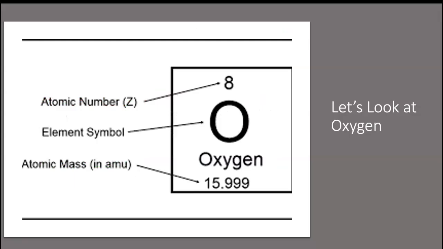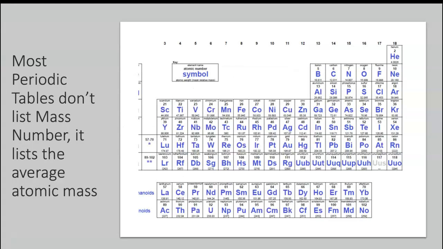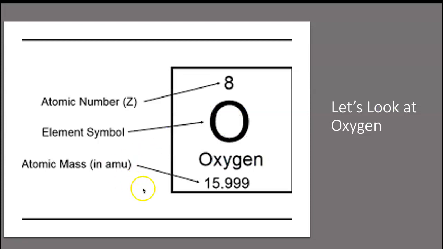So let's look at oxygen. Right? So how many protons does oxygen have? Hopefully you're thinking 8 protons. What's the mass of this oxygen? Well, it's roughly 16. And so this is the average atomic mass.